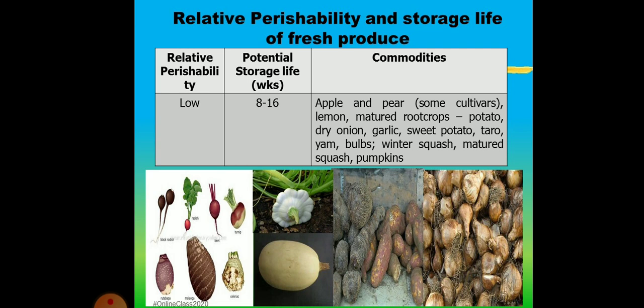Kaya niyang abutin ng 8 to 16 weeks given the proper condition of 50% relative humidity and 12 degrees Celsius optimum temperature, or 10 to 15 degrees range of temperature. And these root crops must be cured before storing.